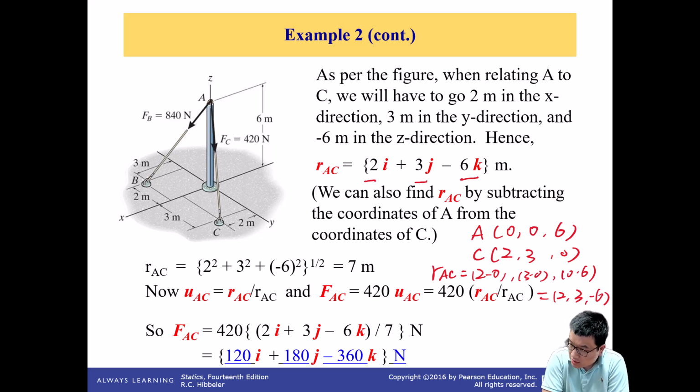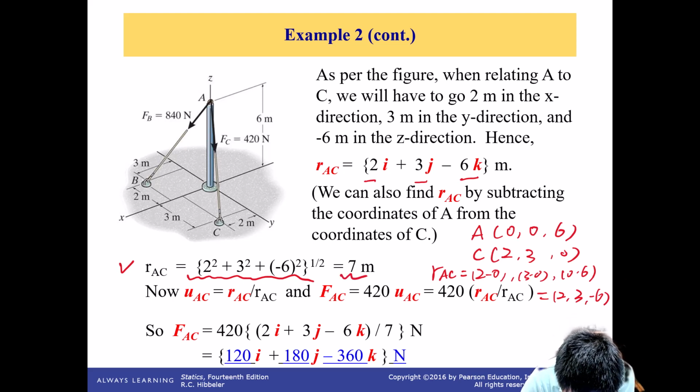Right now it's not a unit vector so far. So how do we get a unit vector? We need to find its magnitude first. The magnitude of RAC is the square root of x squared plus y squared plus z squared, and the final answer is 7 meters.